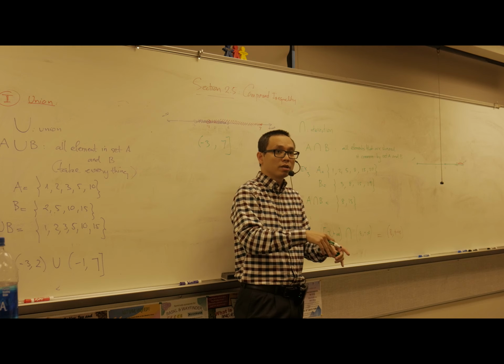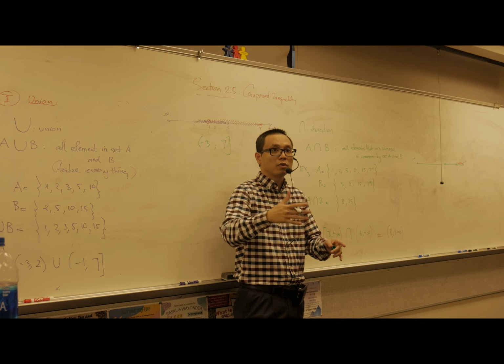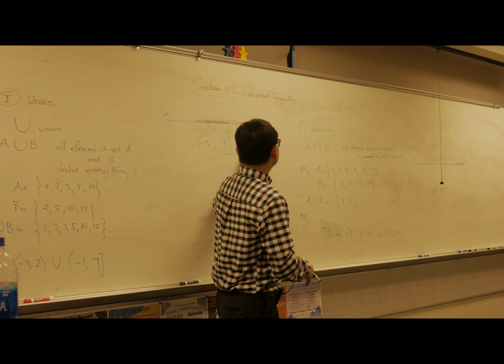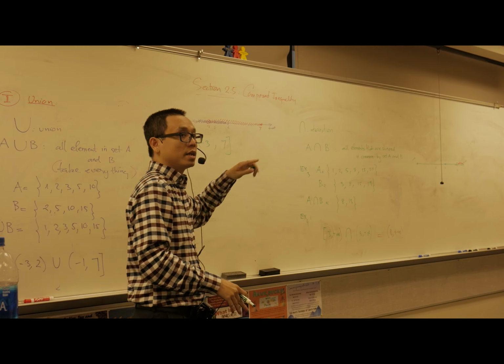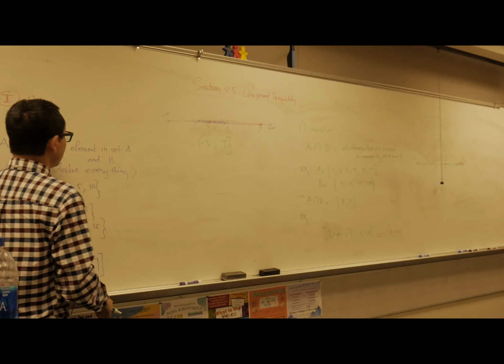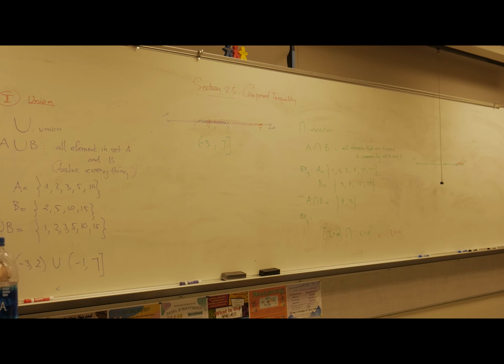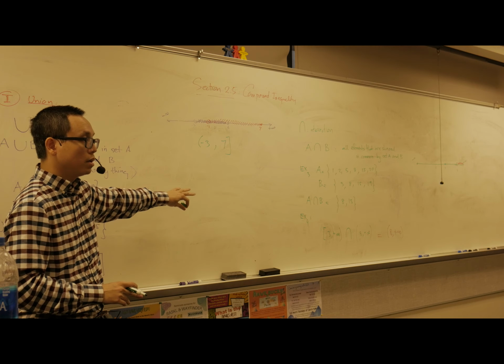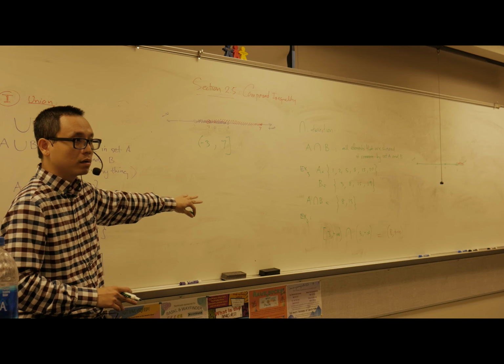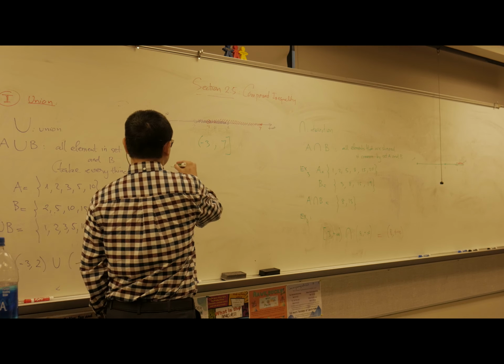And if you have more than one inequality, you have to combine the interval notations. To combine them, you put them on the number line and see if you want to take the intersection or the union. Any questions so far about intersection, about union? Good, good. All right, so next part.